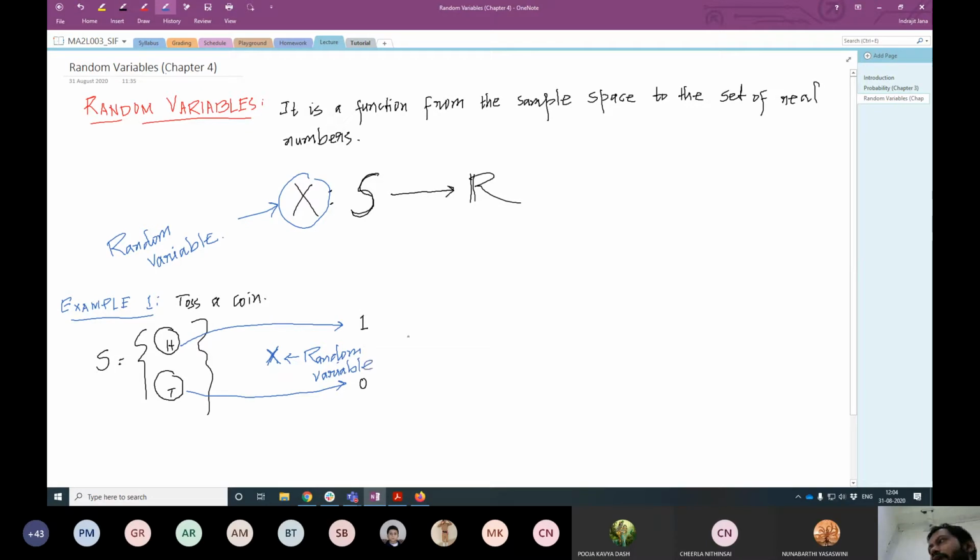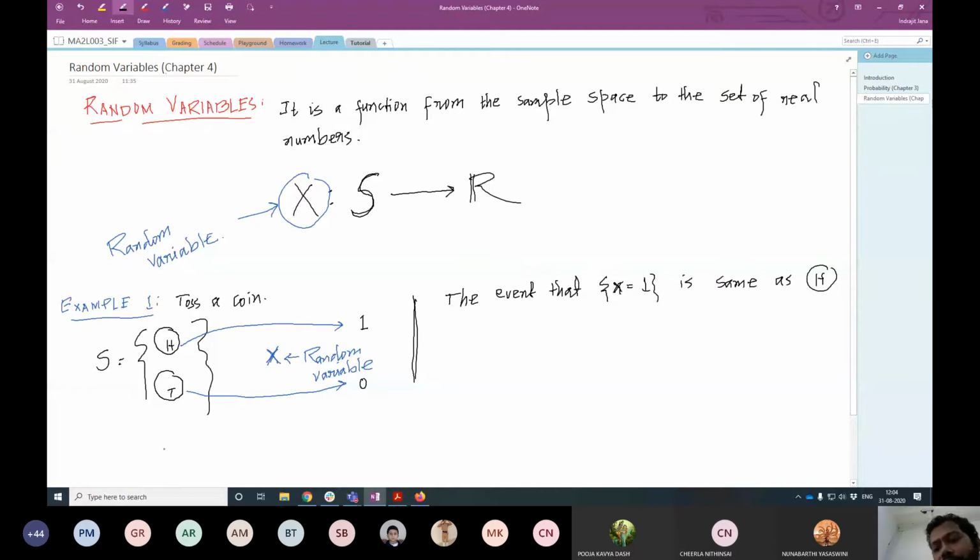And as I said, when I write the event that x is equal to 1, it is the same as the event of having a head.